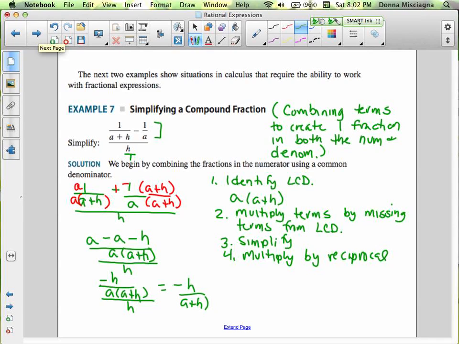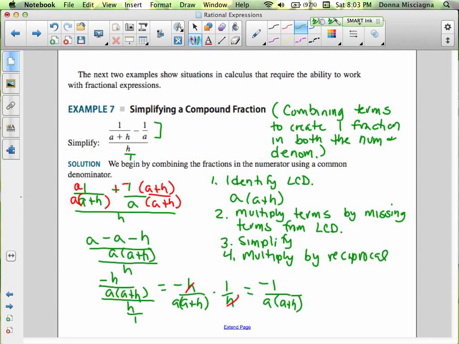And dividing by h is the same as multiplying by the reciprocal. Remember, we could write this as h over 1, so we're going to multiply by 1 over h. And now we're almost done because we could simplify this. We could just cancel out those h's. And so now we have negative 1 divided by a times a plus h.